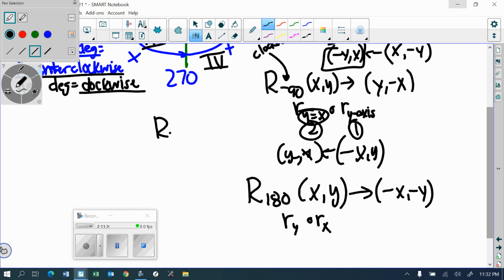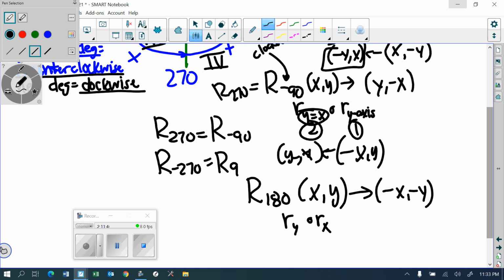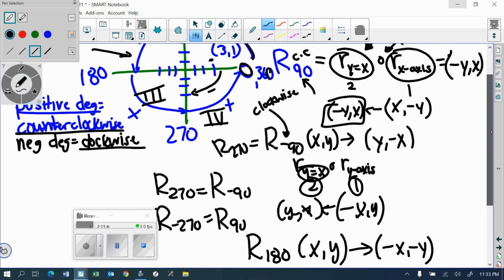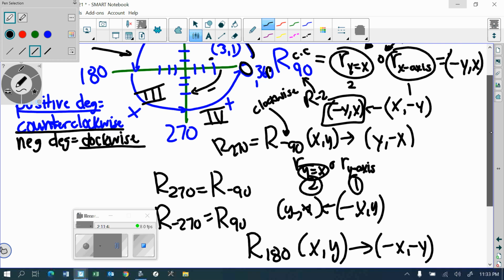Rotation of 270 is the same as a rotation of negative 90, which we've already done. A rotation of negative 270 is the same as a rotation of positive 90, and we've already done that one. So we've covered everything.